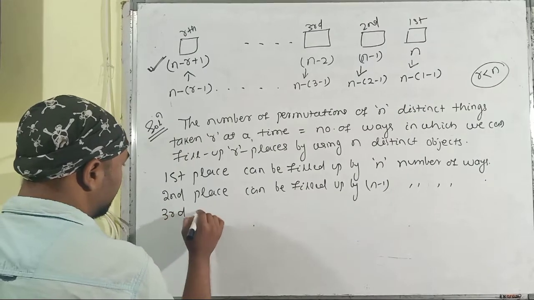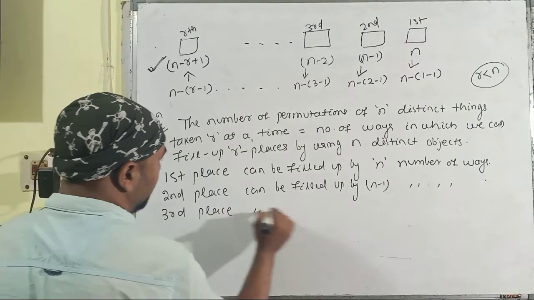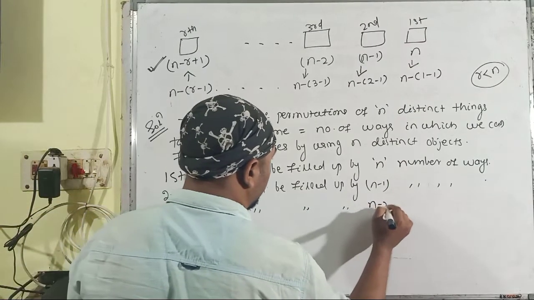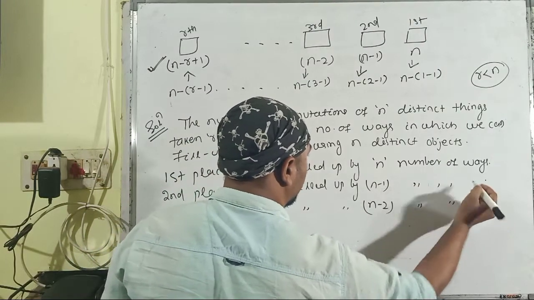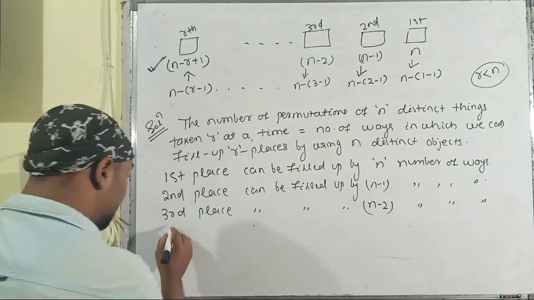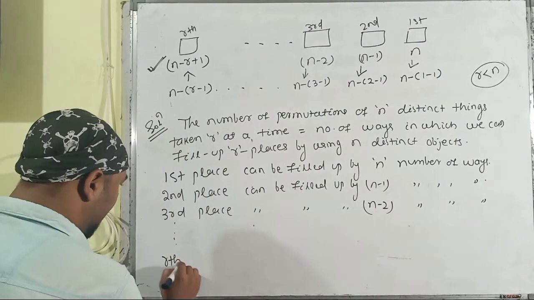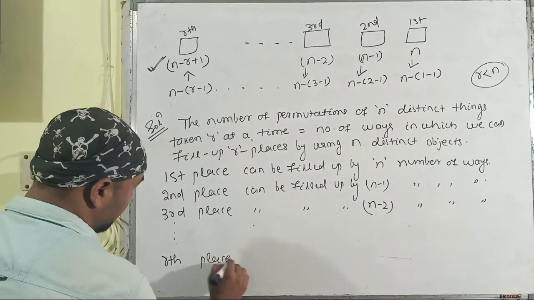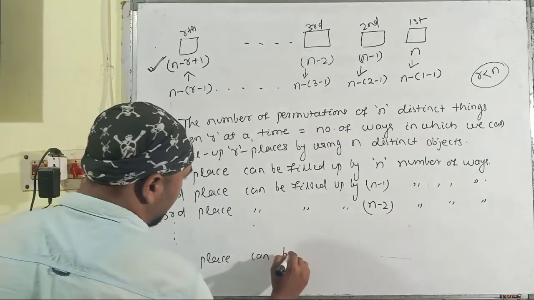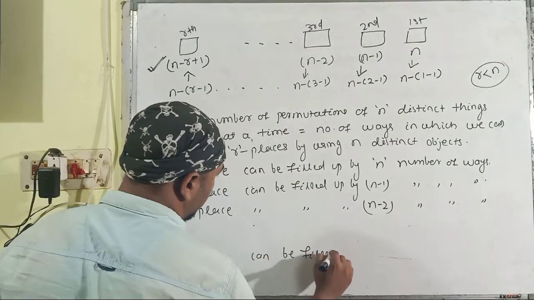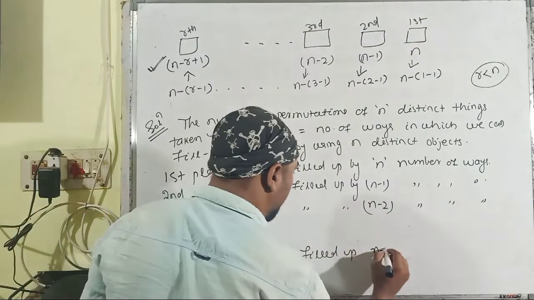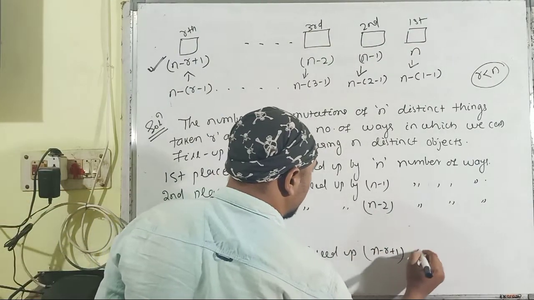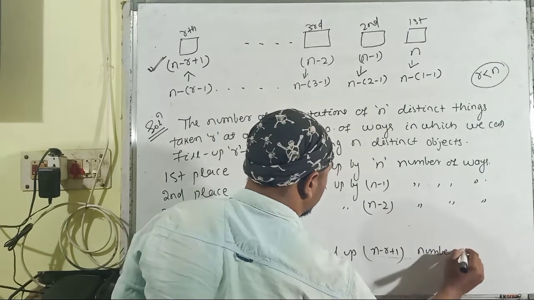The third place can be filled up in n minus 2 number of ways. Similarly, the rth place can be filled up in, as we have already evaluated, n minus r plus 1 number of ways.